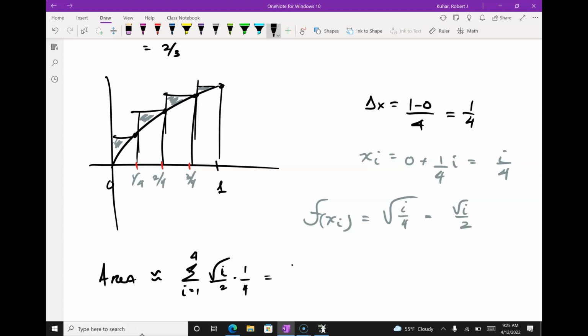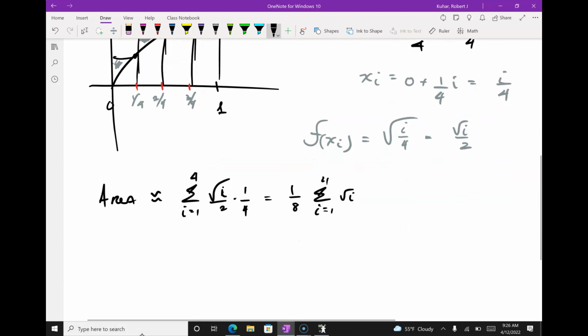Well, I can see that that is 1 over 8 times the sum of i equals 1 to 4 of square root of i, which is pretty simple, right? What is it? Square root of 1 plus square root of 2 plus square root of 3 plus square root of 4. Right? You with me?